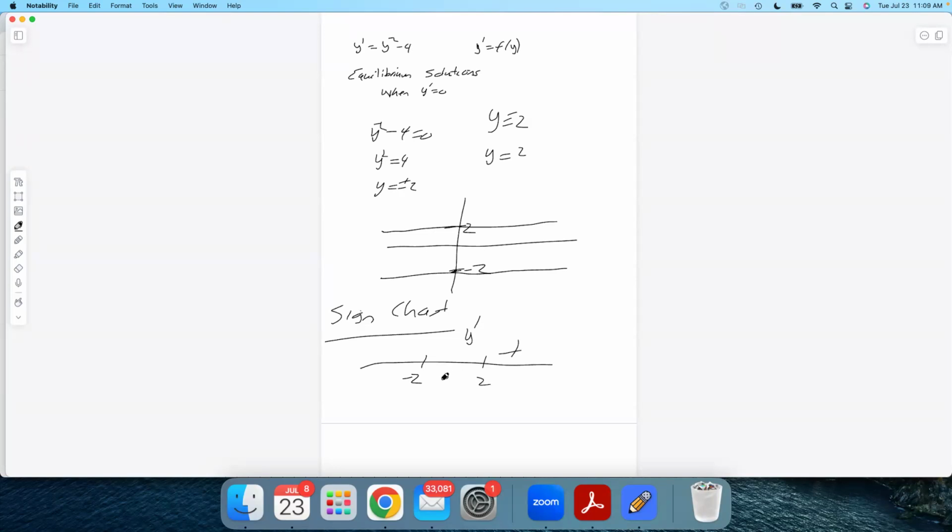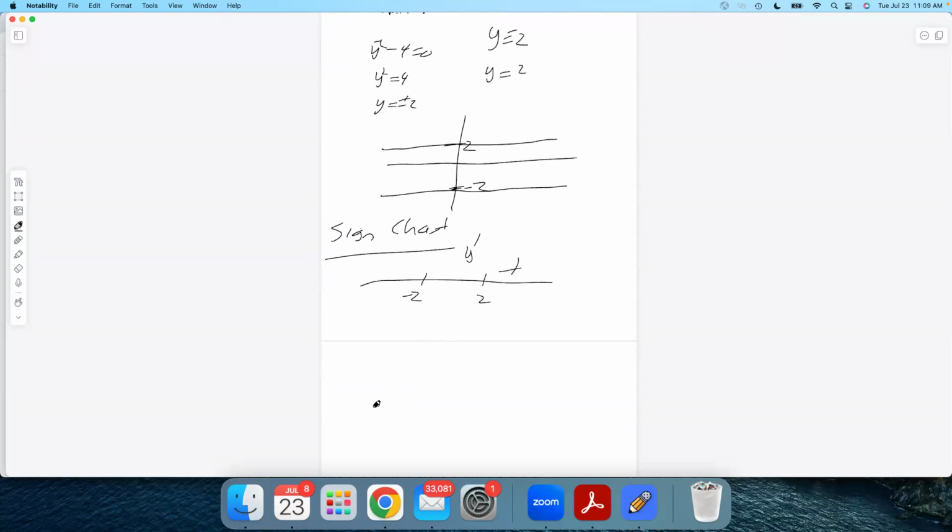Or the way I like to do sign charts, put in all of my linear factors here on the side and do these one at a time.